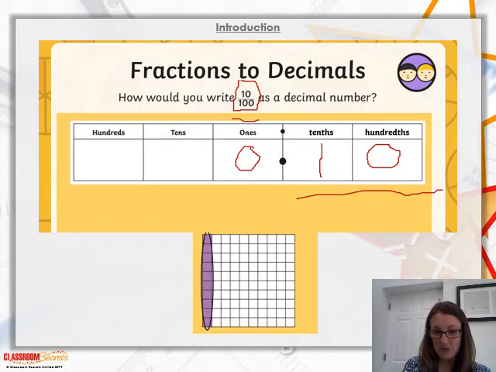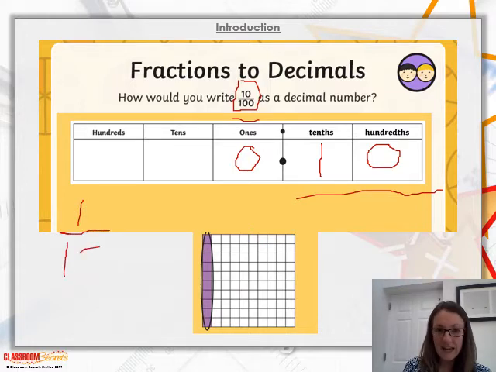And also, if we look here, there is a 100 square down here, just to give you a visual representation. Outlined are 10 hundredths. So 10 hundredths are equivalent to 1/10.